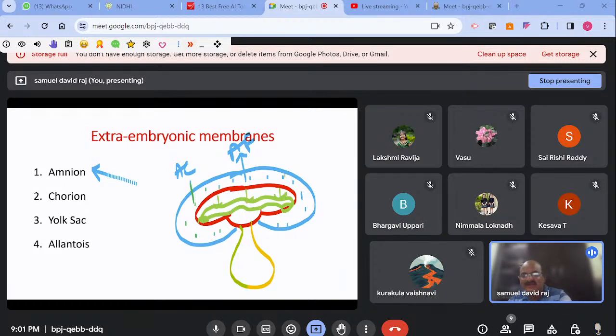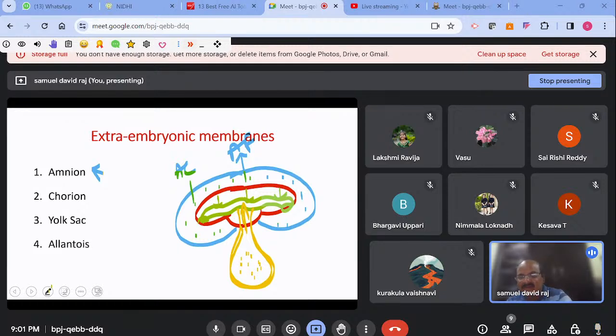So from the midgut region, they develop the yolk sac, and thus it has all the yolk that is present here, responsible for directly sending the food to the developing baby.